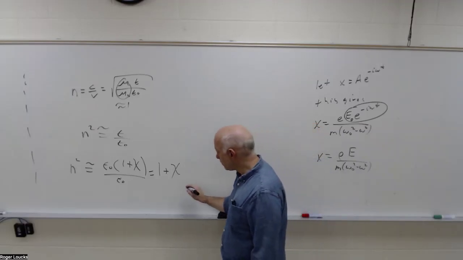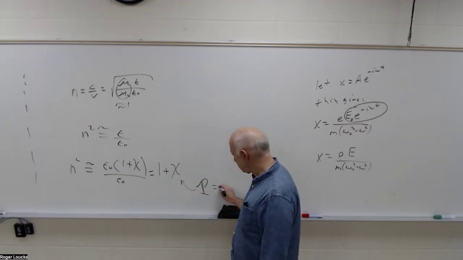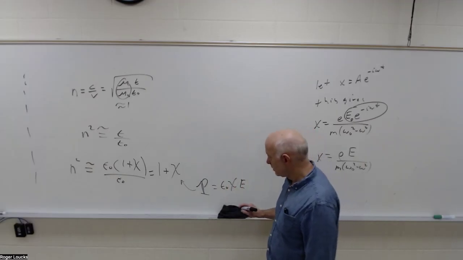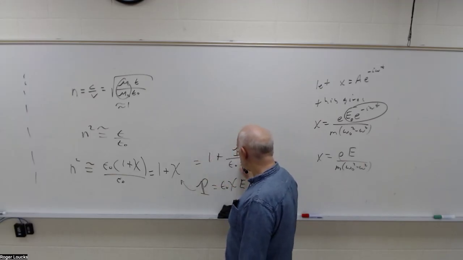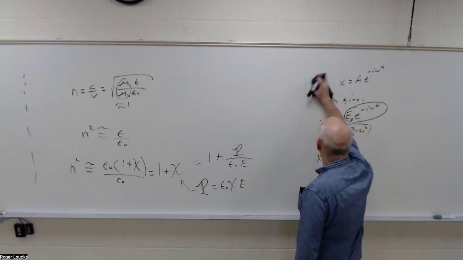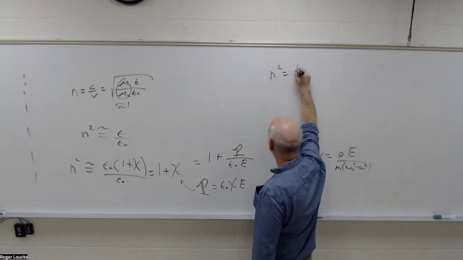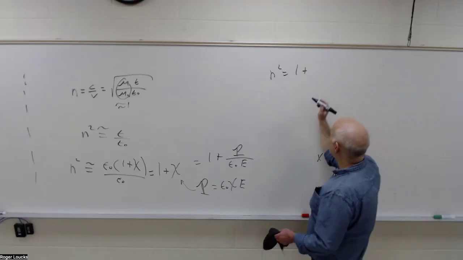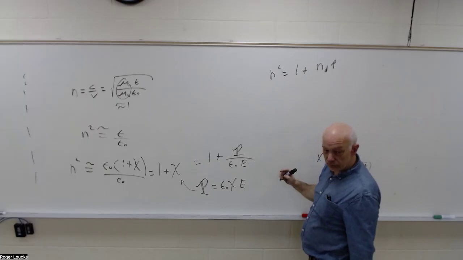The capital P, your polarization vector, is epsilon naught chi E. So this is 1 plus the polarization vector over epsilon naught times E. What's your polarization vector? The sum of the dipoles per unit volume. And that became the number of dipoles, I'll call that n sub d, times 1 dipole.